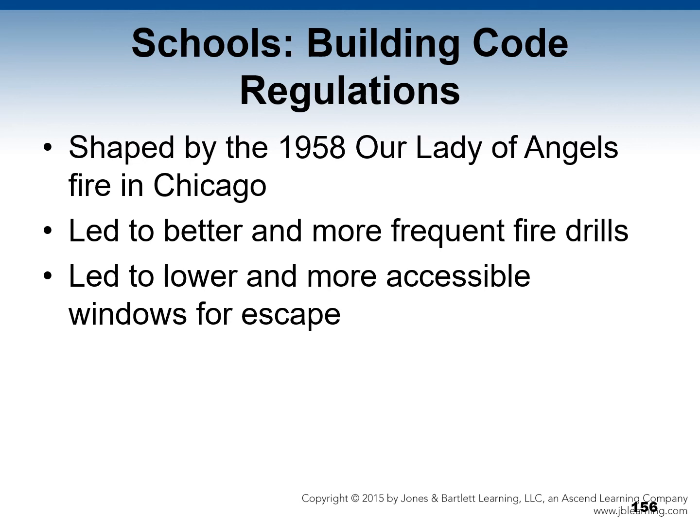Now let's discuss schools. Schools have building code regulations. These regulations, in part, are shaped by a terrible fire that occurred in 1958 in Chicago at Our Lady of Angels School. This tragedy led to better and more frequent fire drills and lower and more accessible windows for escape.